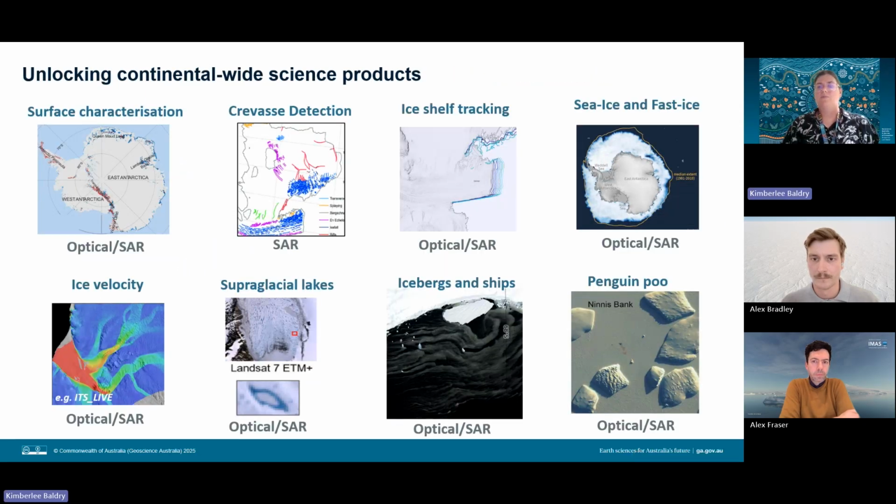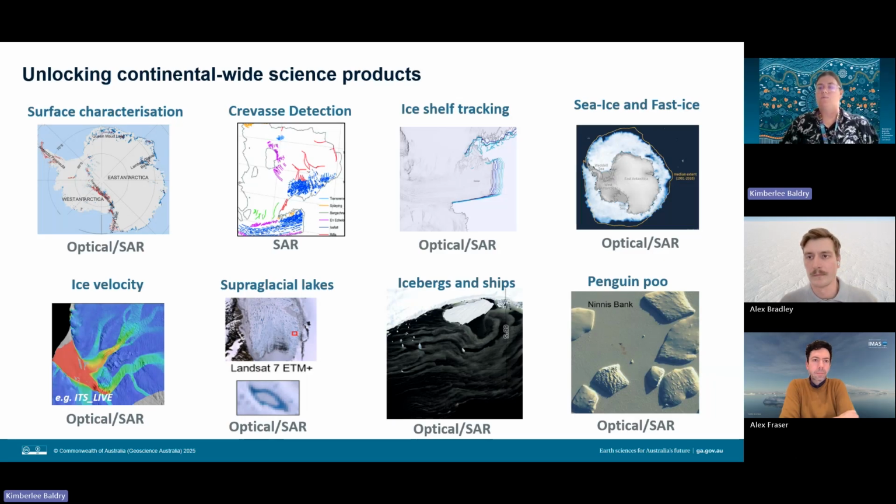With SAR backscatter products and surface reflectance, Digital Earth Antarctica can unlock continental scale applications to produce a wide range of products. We are still a few years away from producing all of the products you see on this page, but we are beginning to work with scientists under Australian Research Council grants and Australian government-funded programs to develop these.